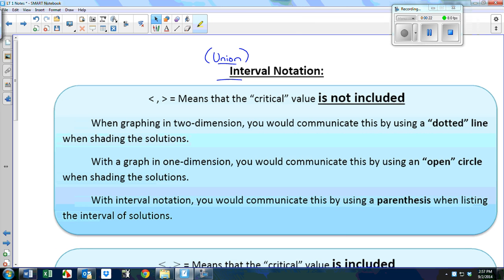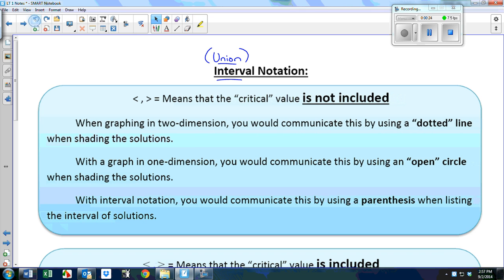When you are illustrating or communicating your answer to a less than or a greater than, you would use an open circle when you're graphing and shading. So when you're doing interval notation, those will be communicated by using a parentheses.